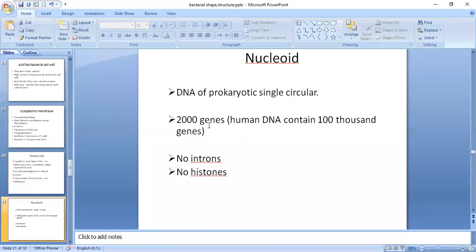They have 2000 genes, while in case of human beings, the human DNA contains about 100,000 genes. So this is the difference. The nucleoid of the bacteria has 2000 genes, contrary to the human DNA.